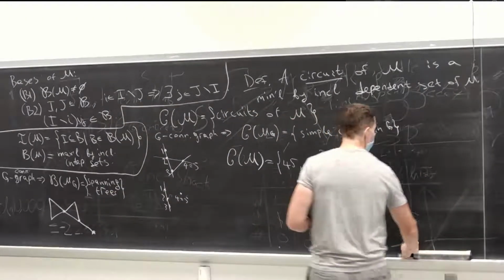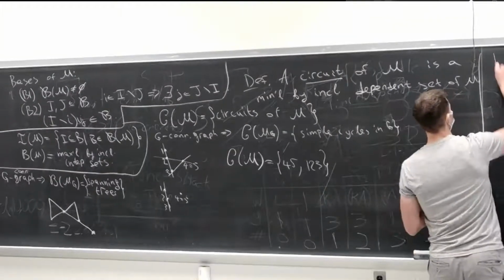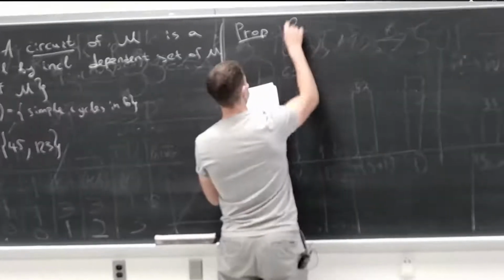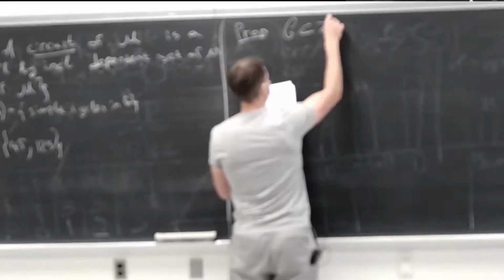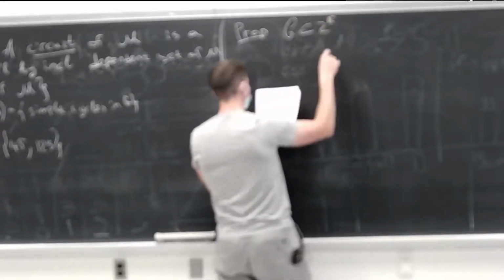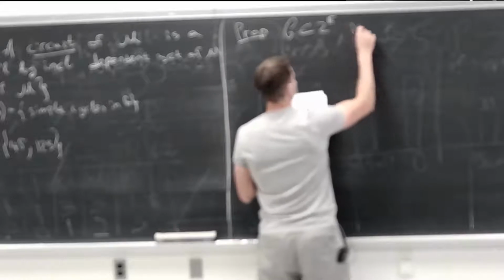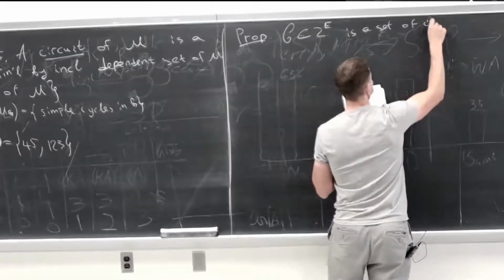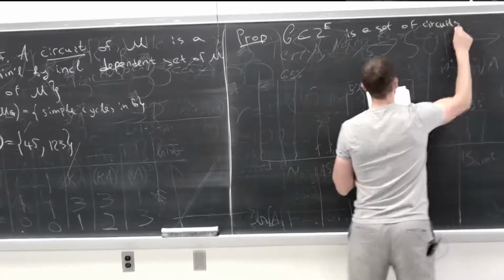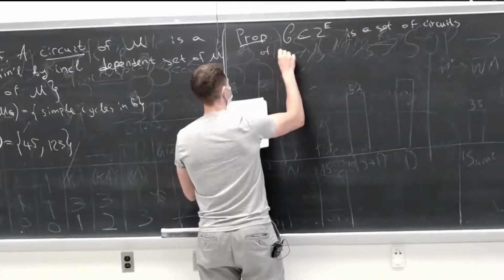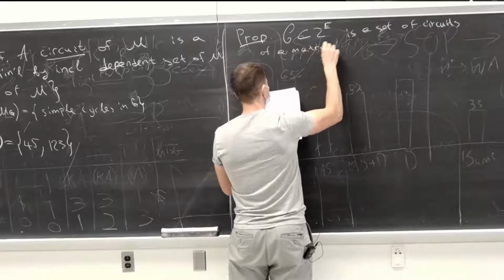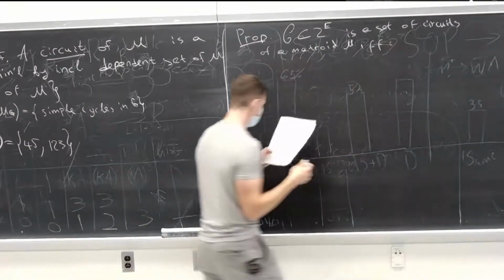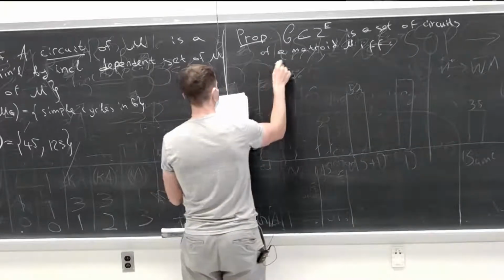Proposition: if you have a collection of subsets of the ground set E, then the claim is that this is the set of circuits of a matroid if and only if I'm going to have three axioms.